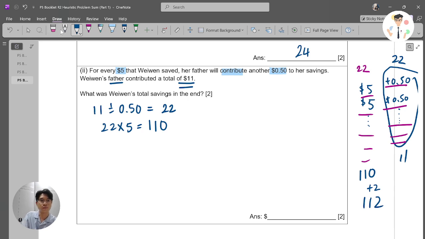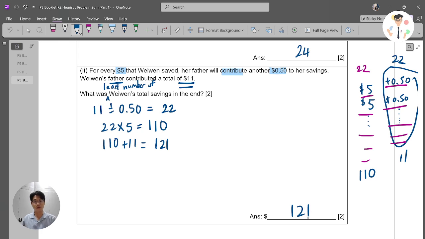So the better question would probably be: what was the least number of Wei Wen's total saving? That is probably a better question. But anyway, let's just assume it's 110, saved by Wei Wen, and the dad gives $11 extra. So that would be the final answer here.